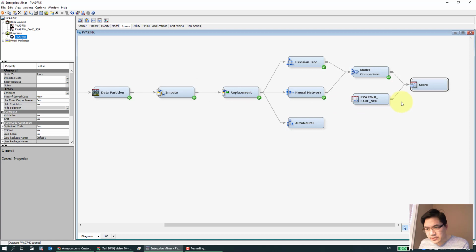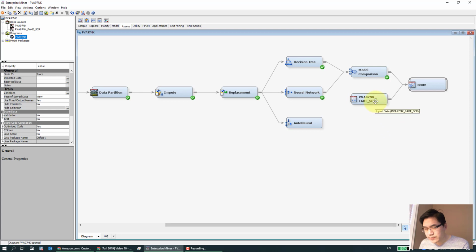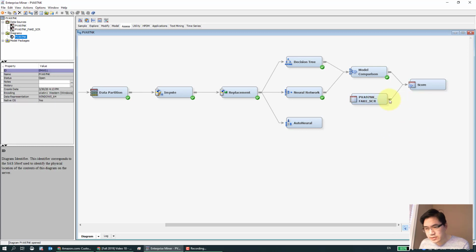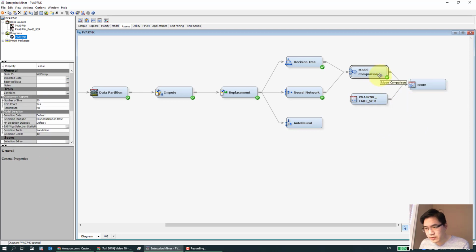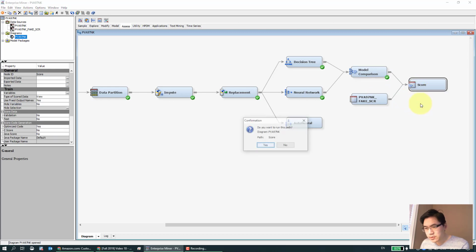So after that, you can run this to score. Now, because it's a fake data set, because I didn't compare and make sure all the variable rows and levels are exactly the same, I may run into a problem here. So don't be surprised when you see an error in your score process.